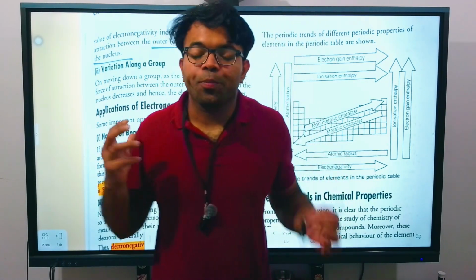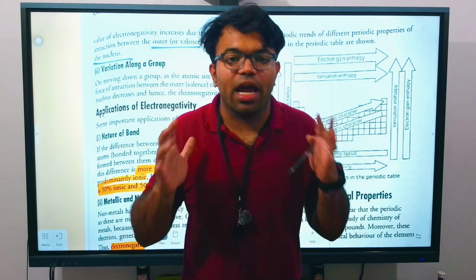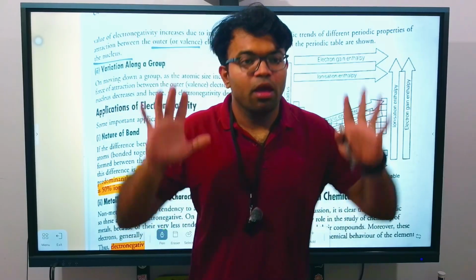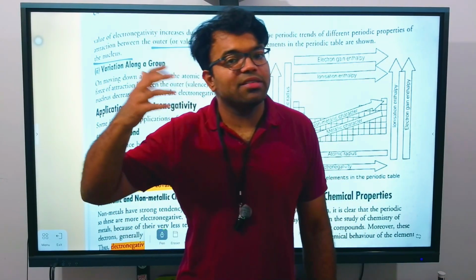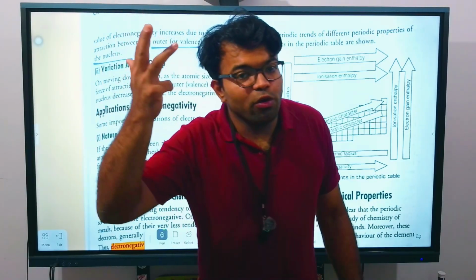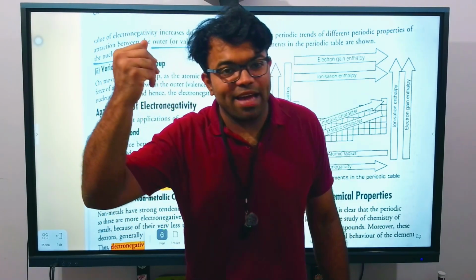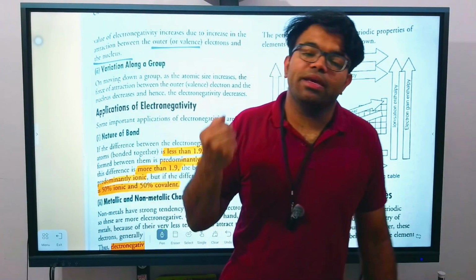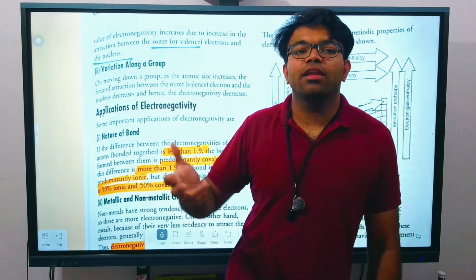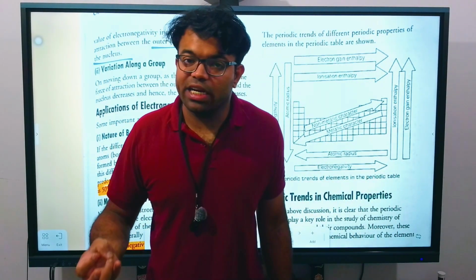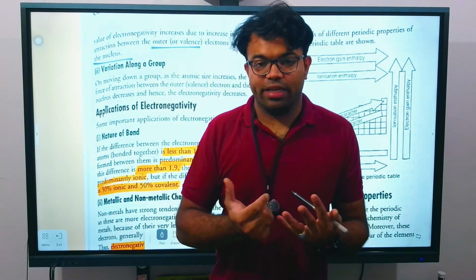As we all know, fluorine is the most electronegative element. And we also know the elements present in the halogen group: fluorine, chlorine, bromine, iodine, astatine. So astatine will be the least electronegative element in the halogen group, and fluorine obviously is the most electronegative element in the whole periodic table.